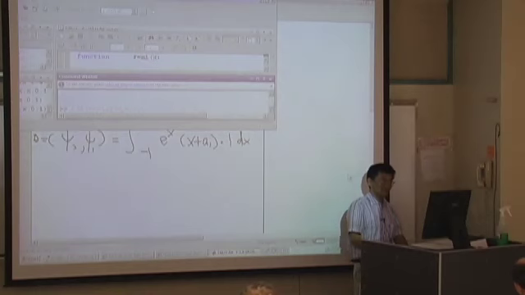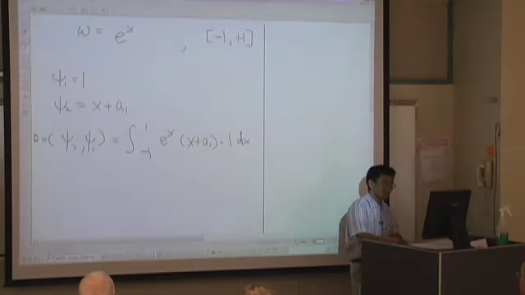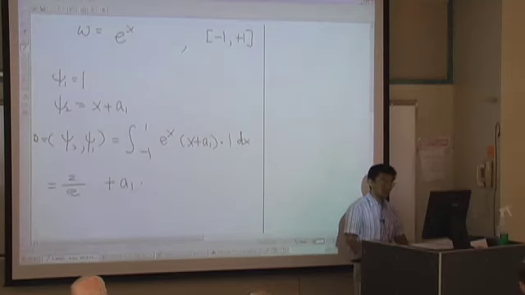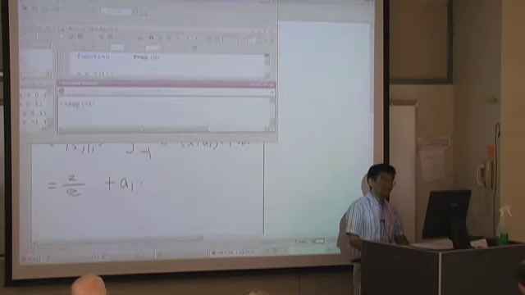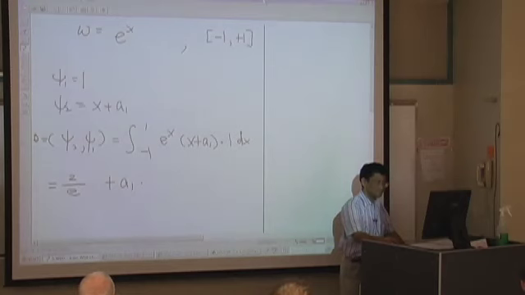So this is it. Oh, -1 to 1, right? Because of this calculation, -1 to 1 gives us e to the 2 over e. So this gives us 2 over e. The first integral is done. The second integral is a1 times what? The exponential function integral. Then it is e minus 1 over e.